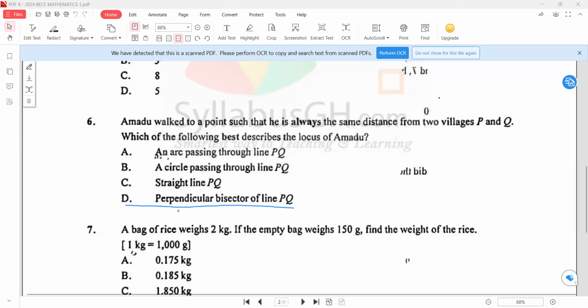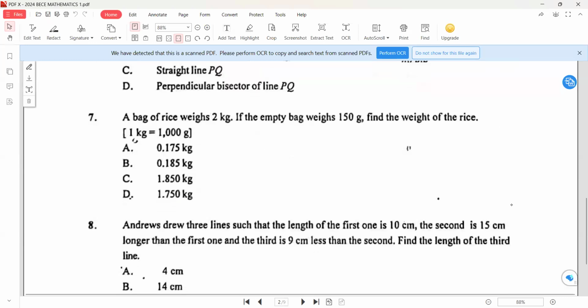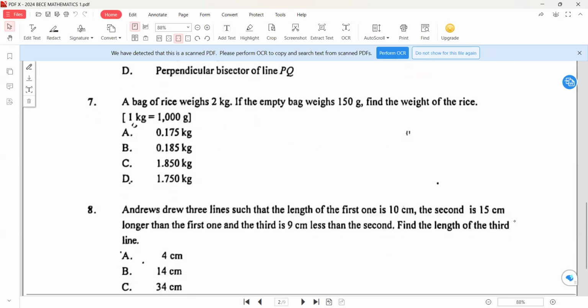Okay. So question number 7: a bag of rice weighs 2 kg. If the empty bag weighs 150 grams, find the weight of the rice. Very simple. The empty bag is weighing 150 grams, and the bag of rice is weighing 2 kilograms.